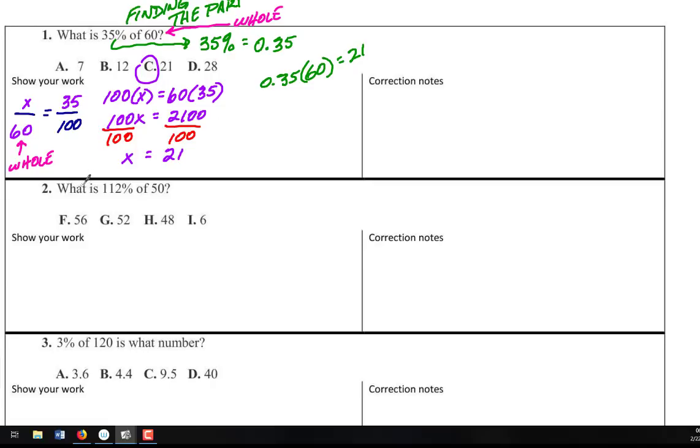Problem number 2. What is 112% of 50? So again, let's identify what these are. The 50 is the whole. This is the percent. And it's possible to have more than 100%.